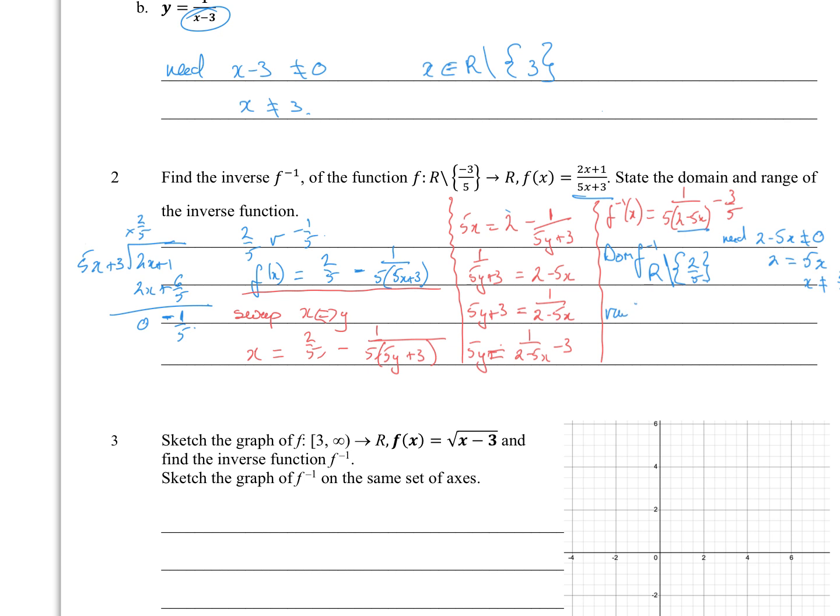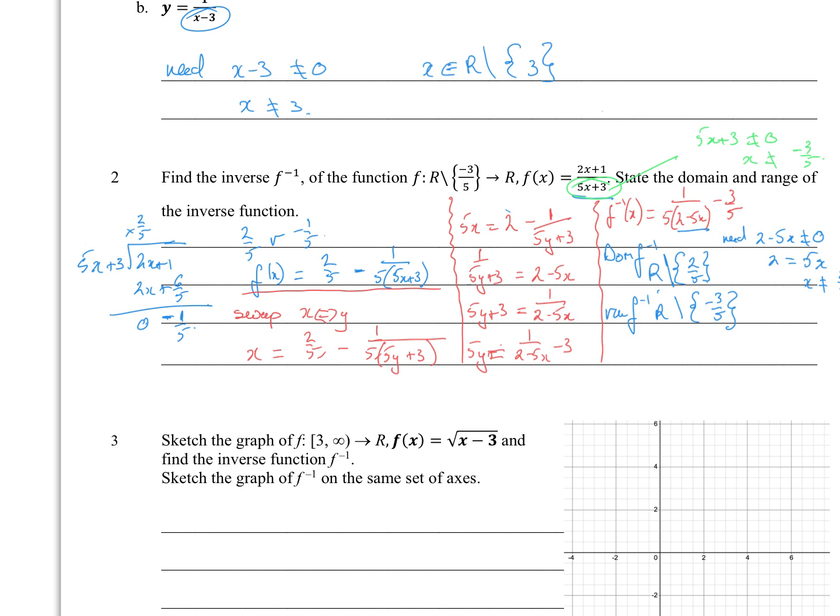The range of f inverse is equal to the domain of f. If I go back up to the original function, I need 5x plus 3 to not equal 0, so x cannot equal negative 3/5. So the range of f inverse will be R excluding negative 3/5. Okay, so it's messy algebraically.